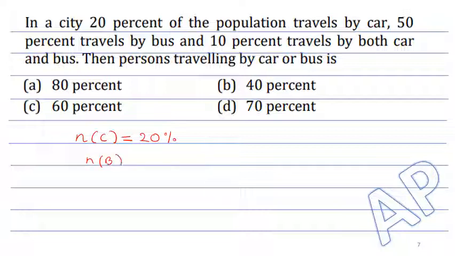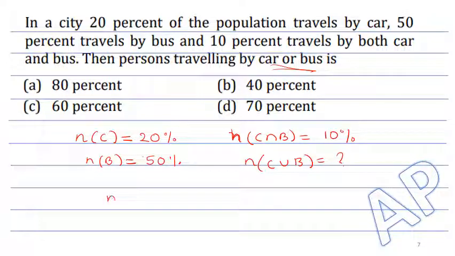That is bus is taken as B. N of B is 50% and 10% travels by both car and bus, that is C intersection B. N of C intersection B is 10% and we are supposed to find traveling by car or bus. R anta ide, so we have to find N of C union B.